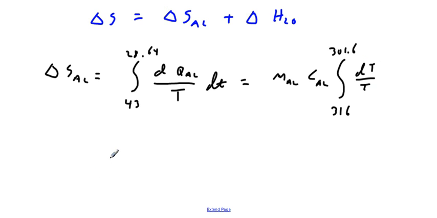So I'm going to have mass of the aluminum, specific heat of the aluminum, and natural log of T evaluated at 316 and at 301.6.